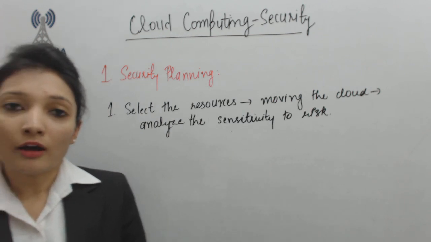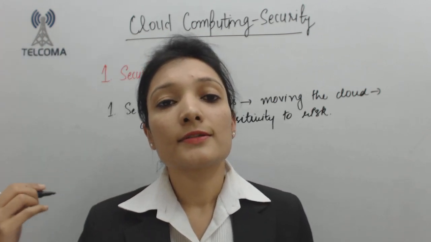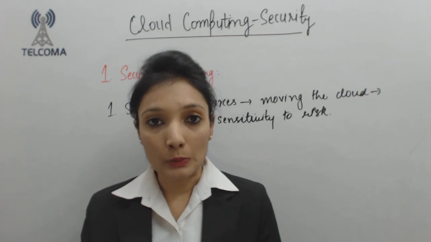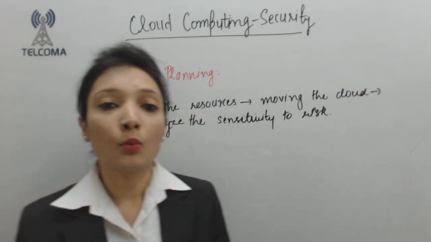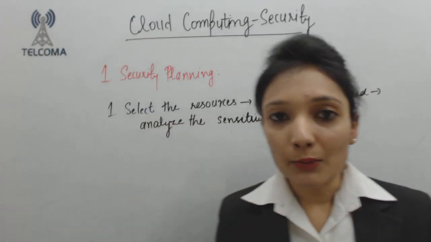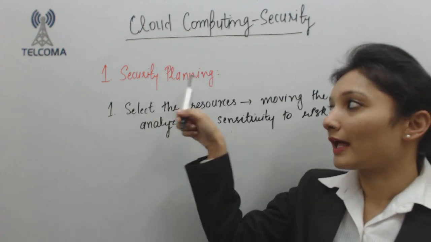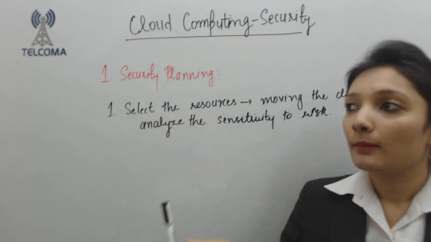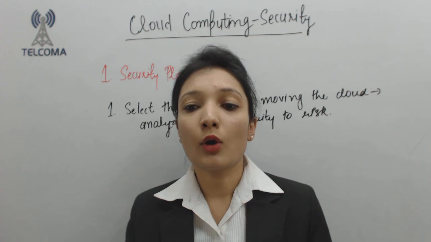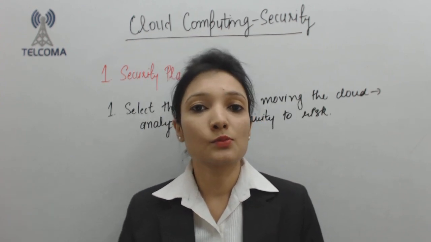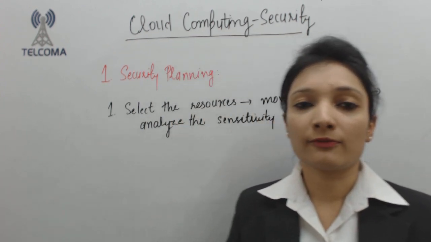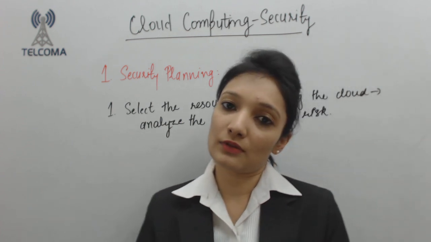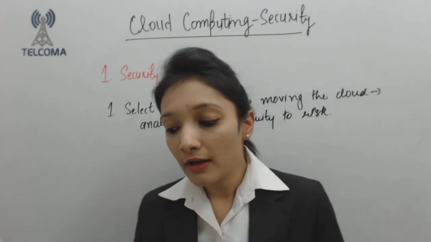Now, after that, there are various service models and the type of cloud. The consideration of those service models and the types of cloud is also an important issue in the planning of security, because we have to employ the security parameters according to the type and the service model, as each of them has different requirements and performs a different function.